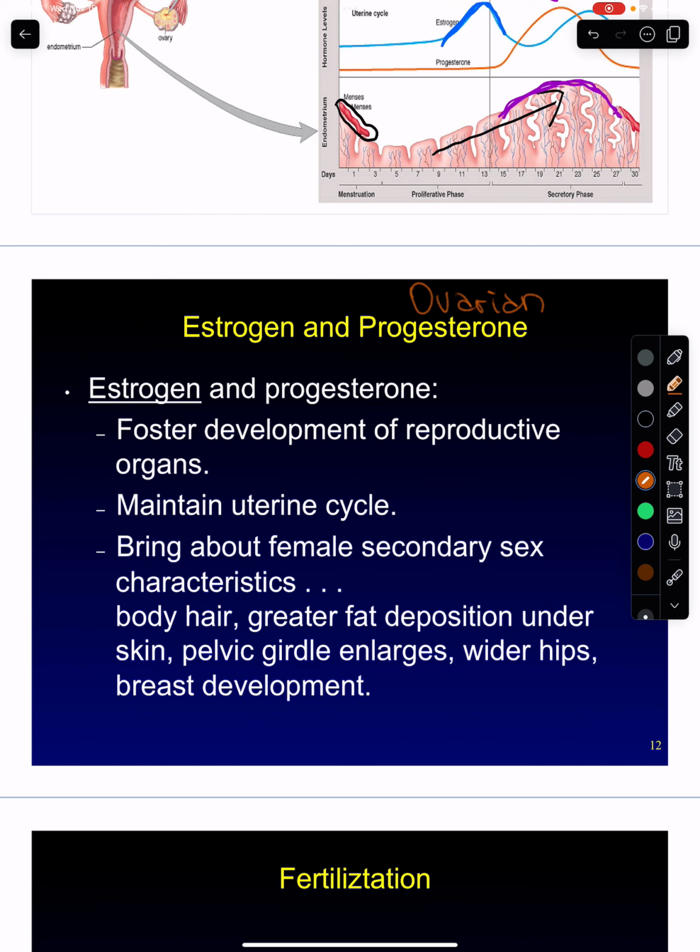So they are going to cause sex characteristics. They maintain the uterus. They're in charge. So the secondary sex characteristics, the body hair, the fat deposition, the widening of the hips, pelvic girdle, breast development, that is all due to these hormones.